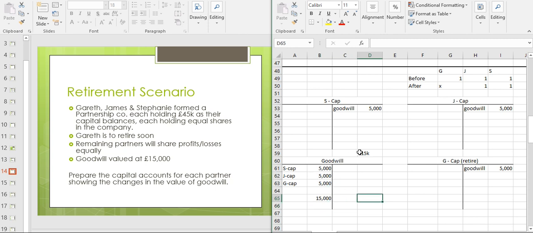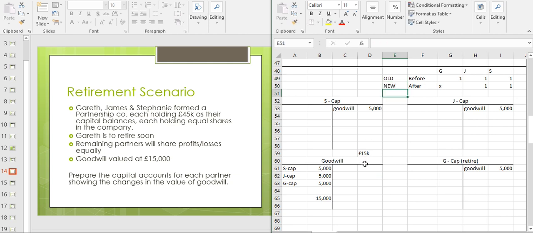Let us eliminate. So 15 divided by 2, and the reason why we're doing 2 is because Gareth is leaving. Okay, so we divide 15 at the new ratio, old and new.